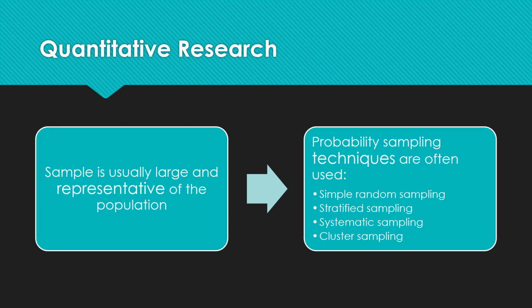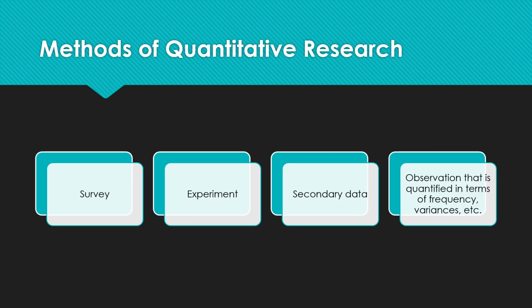The sample is usually large and representative of the population. We can use probability sampling techniques such as simple random sampling, stratified sampling, systematic sampling, and cluster sampling. Some methods of quantitative research are survey, experiment, secondary data, and observation that is quantified in terms of, for example, frequency, variances, and so on.